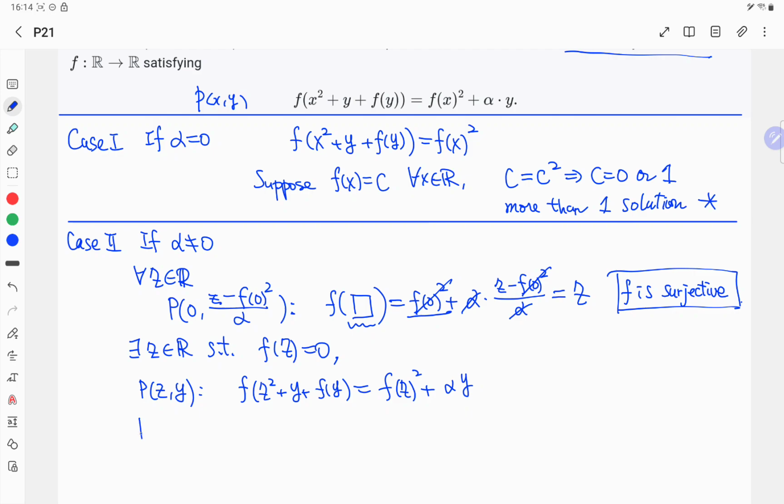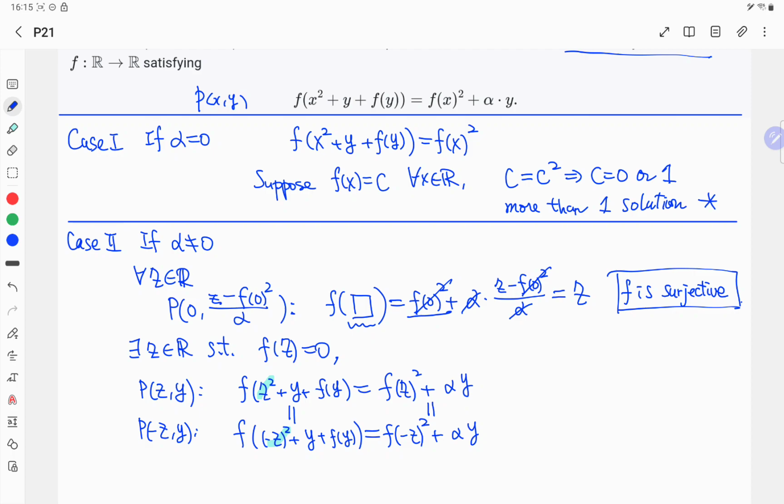And then we also try to pick (negative z, y). Here we have f of (negative z squared plus y) plus f of y equals f of negative z, squared, plus alpha y. We notice that z squared and negative z squared are the same thing, which means that on the left side the two expressions are the same, so the right expressions are also the same.